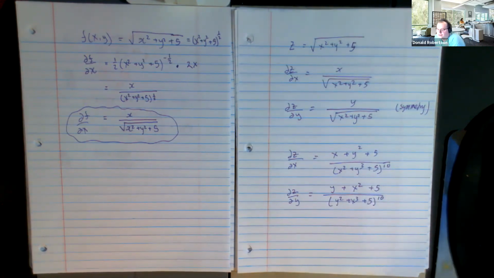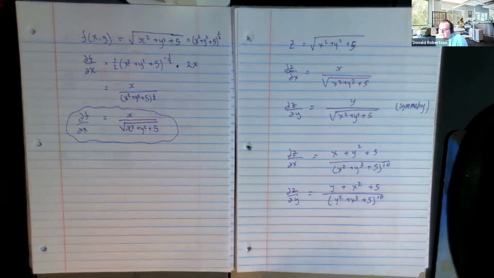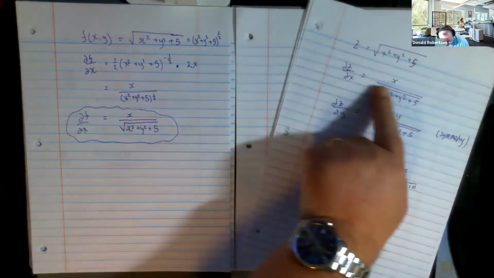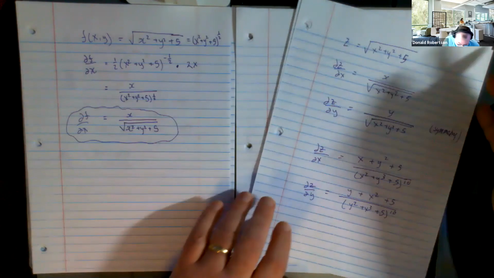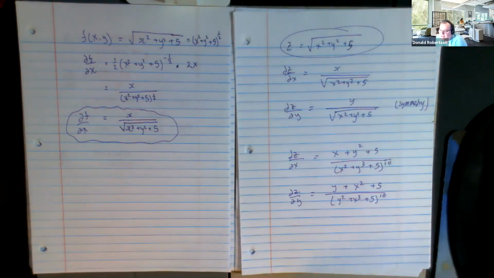Do you see how that little trick, little shortcut, allows us to get the second partial derivative by only knowing that the original function was symmetric? The partial derivative doesn't need to be symmetric. Only the original function. And if it is, you can cut down on some of your workload.